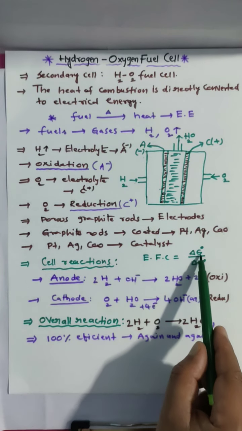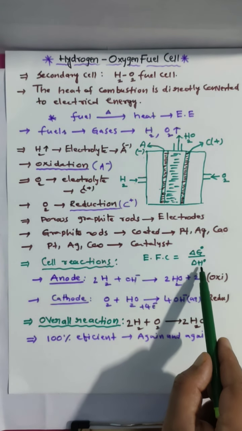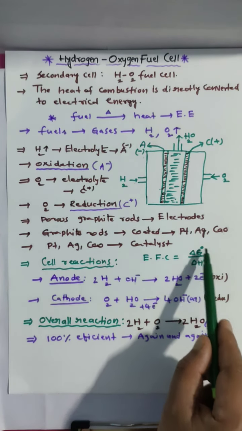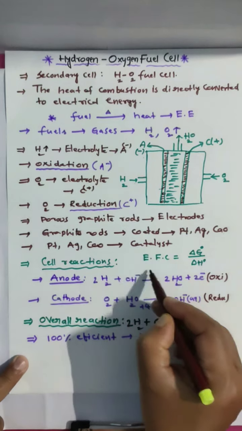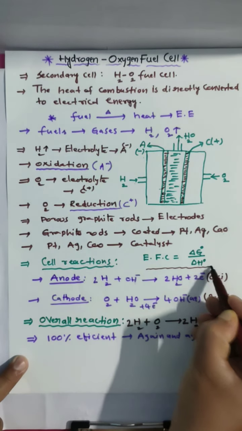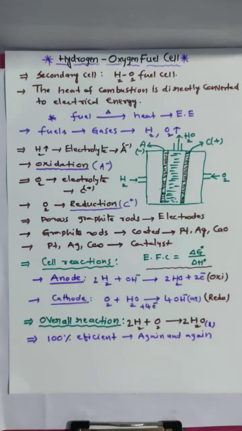Change in Gibbs free energy upon change in enthalpy at standard condition. Not I given na, at standard condition. And this is the formula we have to use to calculate efficiency of fuel cell. And this is the information about hydrogen oxygen fuel cell.